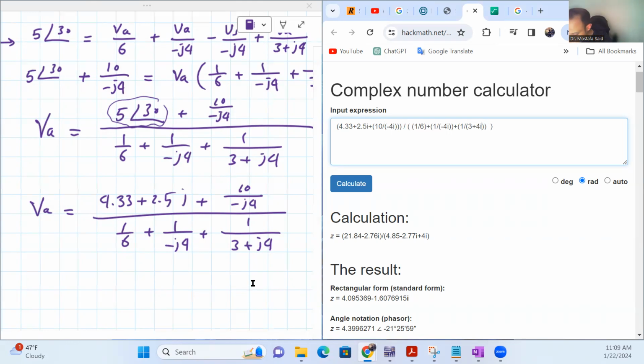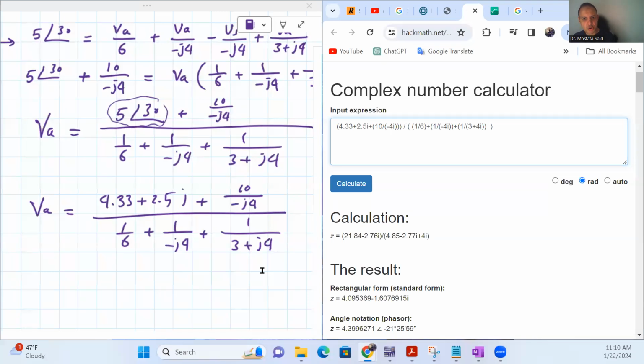Good. Let's review, because the main problem with these questions, or AC circuits in general, is accuracy. That's the most problematic, it's very error prone, because you deal with complex numbers, phasor form, rectangular or Cartesian form. It's very confusing.